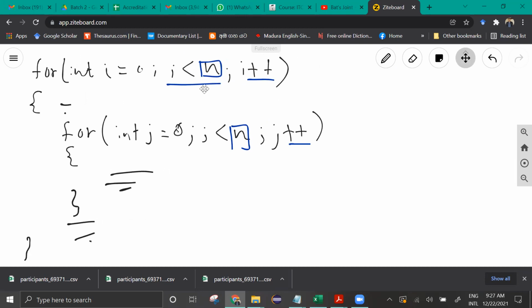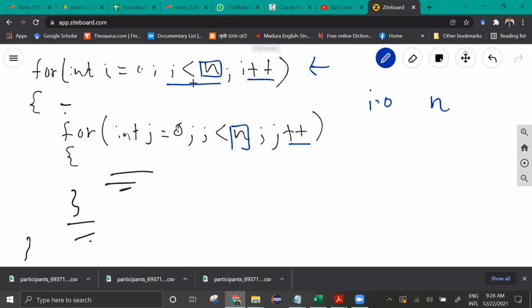In this case, when i is 0, j iterates N times. For one value of i, j iterates N times.